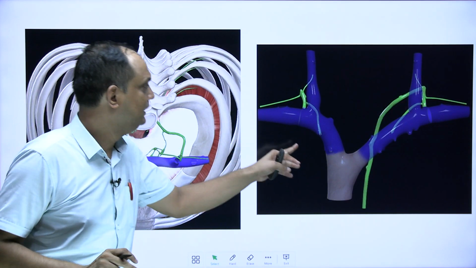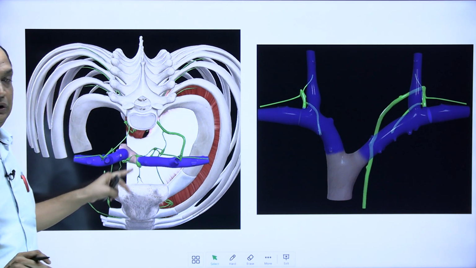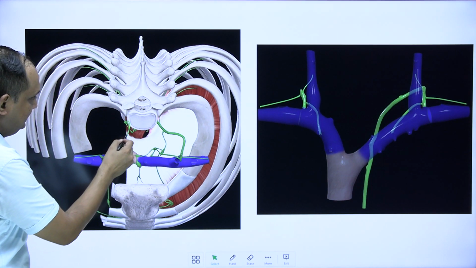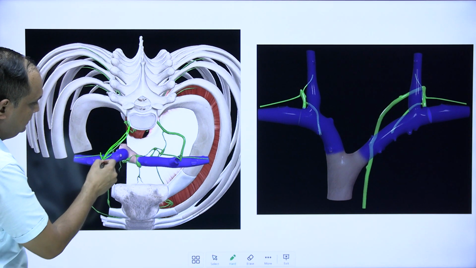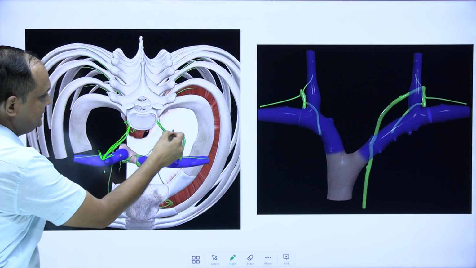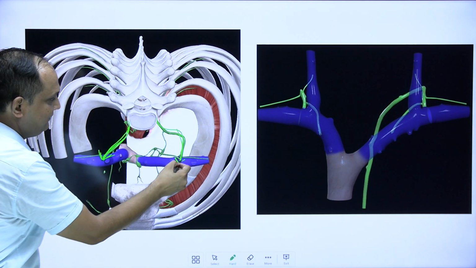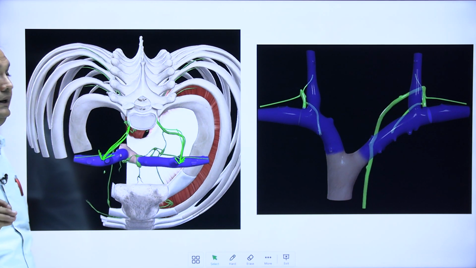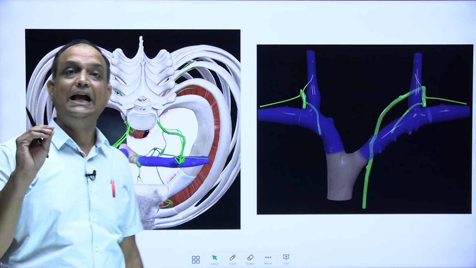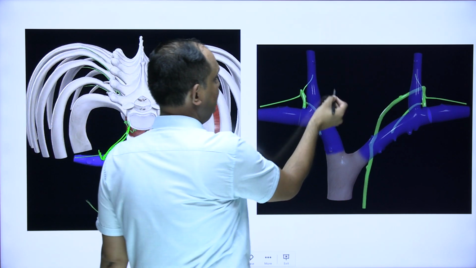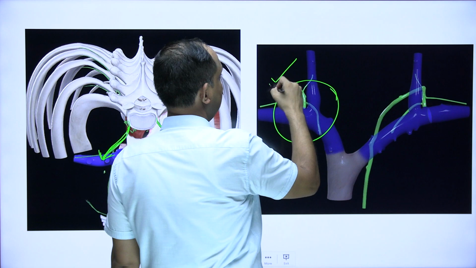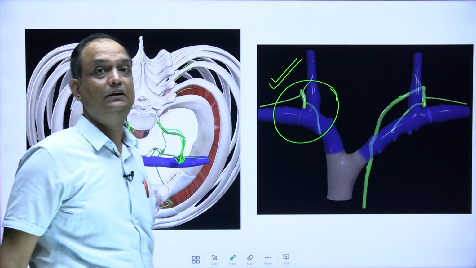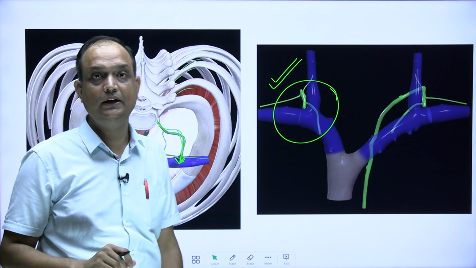So here if you see the superior view, you will find that this is the channel which is reaching the right side, and this is the channel which is reaching the left side of the veins. Clear? So whenever you are reading the thoracic duct, you should explain that on the right side we also have a duct, and that duct is draining limited areas, not the whole area.